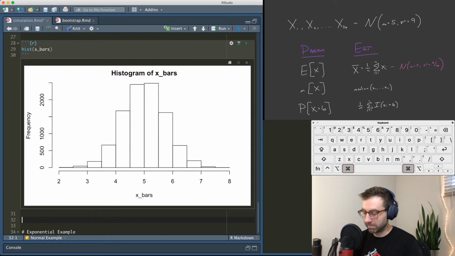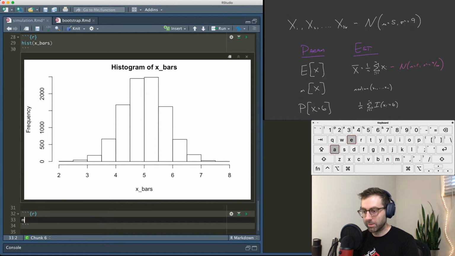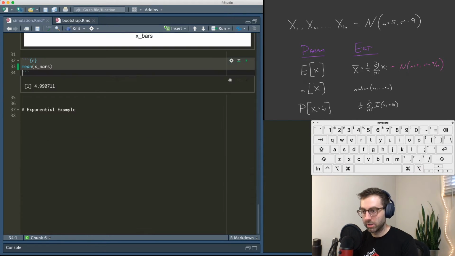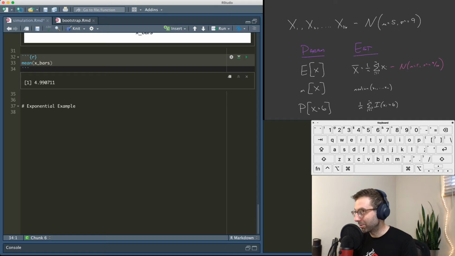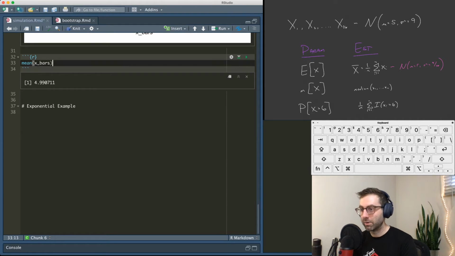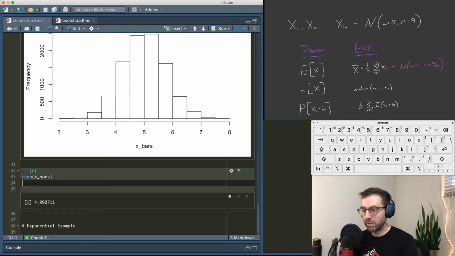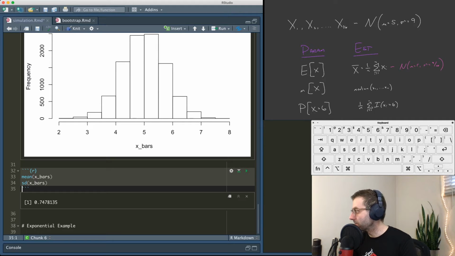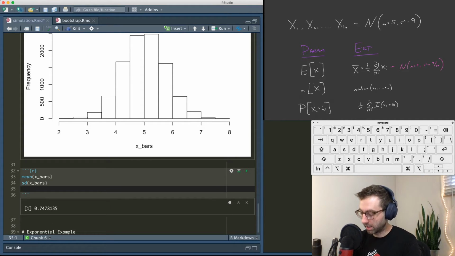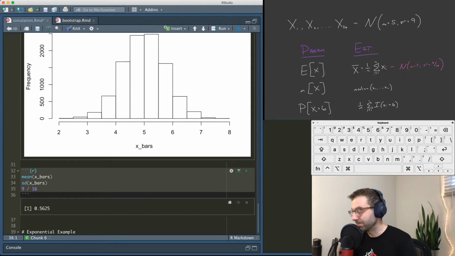The mean of the x bars is pretty close to 5. The standard deviation of the x bars is close to 0.75, which, I'm not good at math, but I think that's pretty close to the square root of 9 over 16.